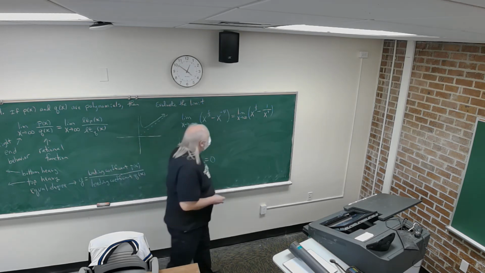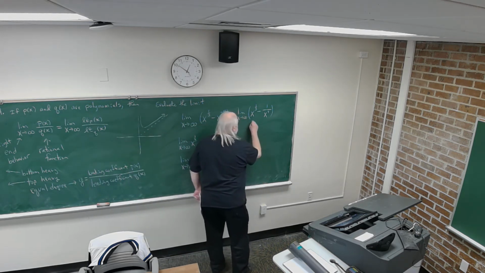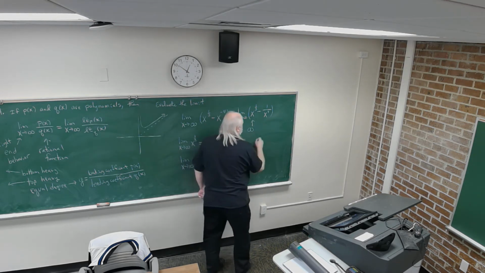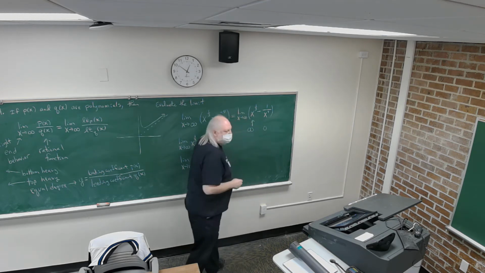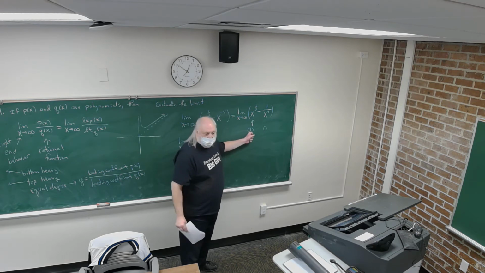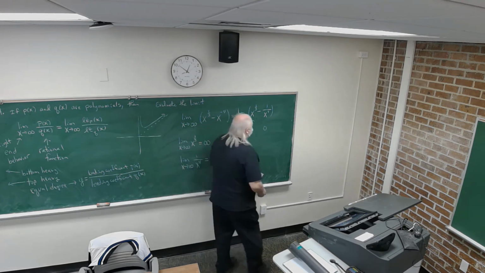So x to the 1/3 is increasing without bound, and 1 over x to the 4th is going to 0. So this difference can be thought of as infinity minus 0, which is increasing without bound.